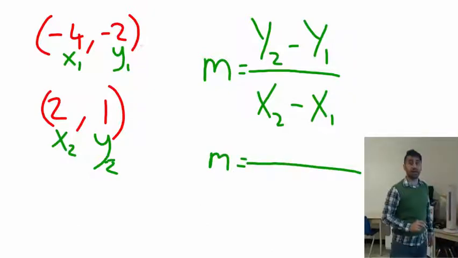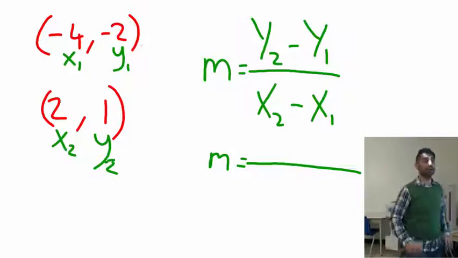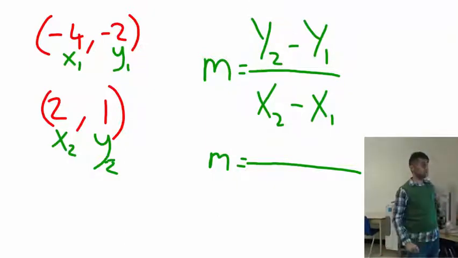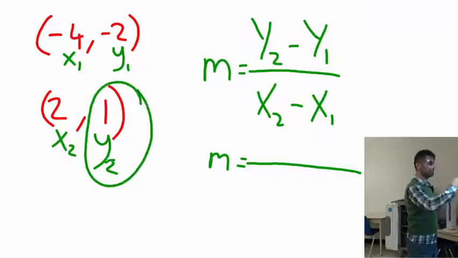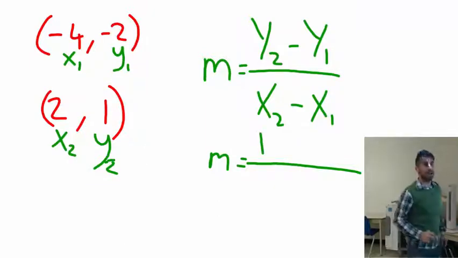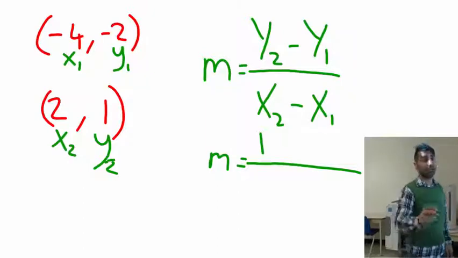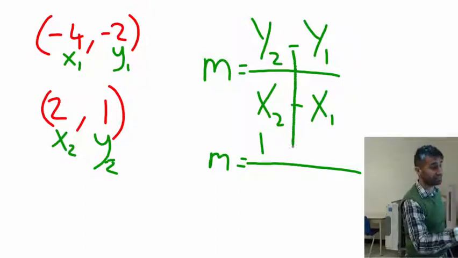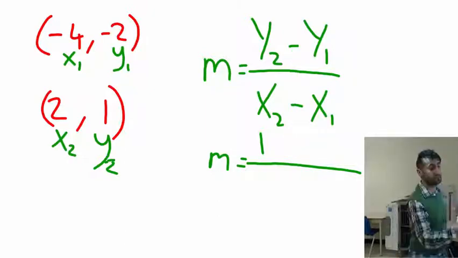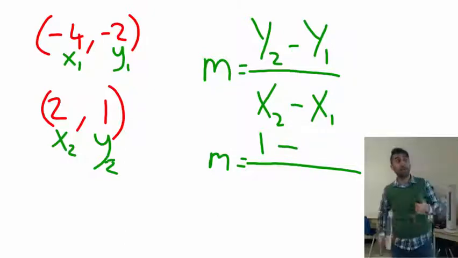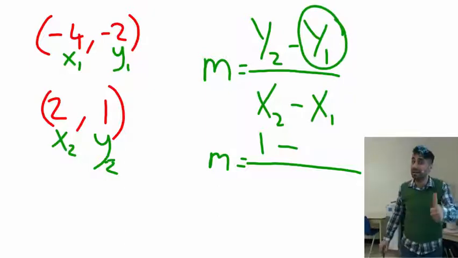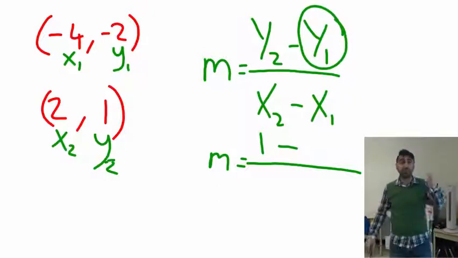And you just apply the formula. So I need to write down y2. Which one is y2? This one is y2. Let's write that down: 1. And then, remember, we write down the negative sign that comes from the formula. Now I am going to write down what y1 is. It could be a negative number or a positive number, doesn't matter.